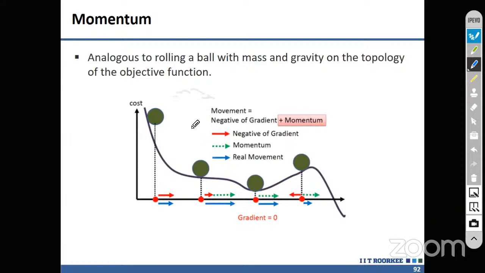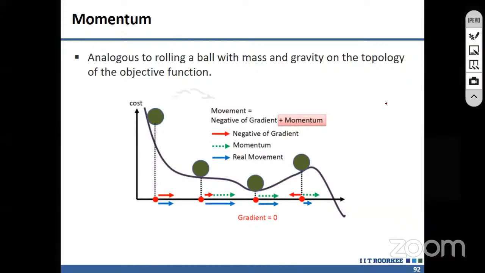That's the momentum. It is analogous to rolling a ball with a mass and gravity on the topology of the objective function. If you have this error surface and you are rolling a big ball with a mass, what will happen? Even if it's stuck, it will go through, and then it will continue. That's the idea.